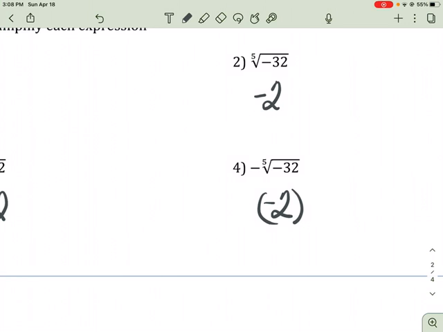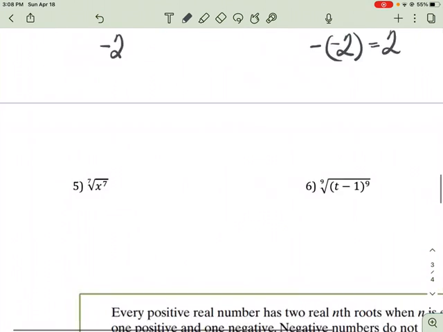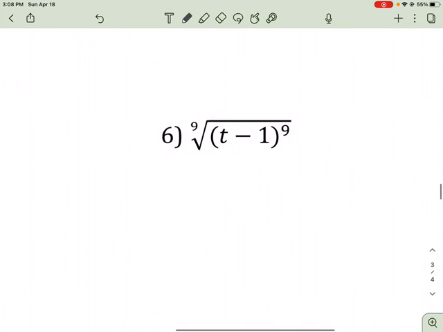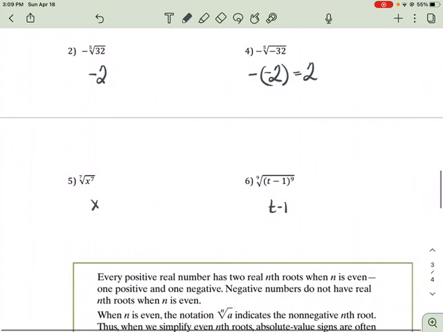That's because the fifth root of negative 32 is negative 2, and we have a negative out in front, so that's going to give us positive 2. The seventh root of x to the seventh is x. And the ninth root of t minus 1 to the ninth is just t minus 1.